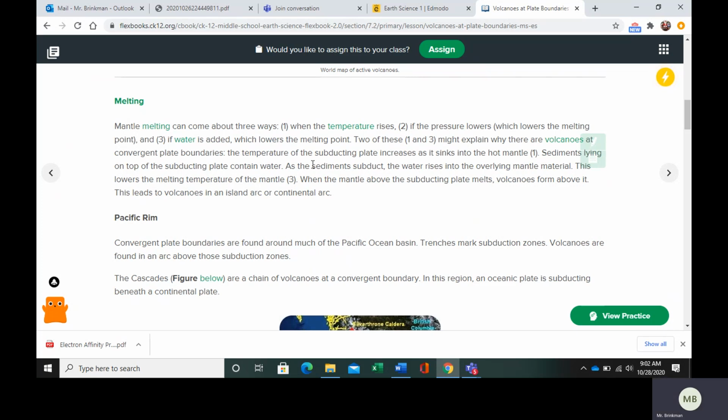So as the sediments subduct, the water is going to rise into the overlying mantle material, lowering its melting point. And then when this mantle material melts, volcanoes are going to form above it.